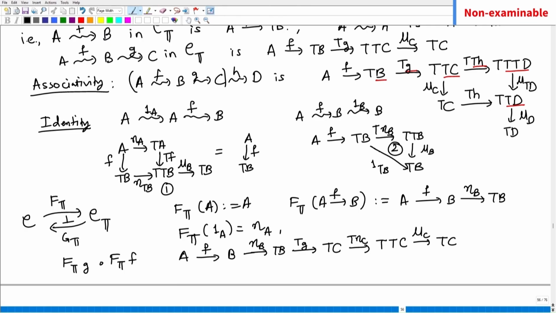Then observe that from here we can change it. We can find this commutative square over here. What should I put here?